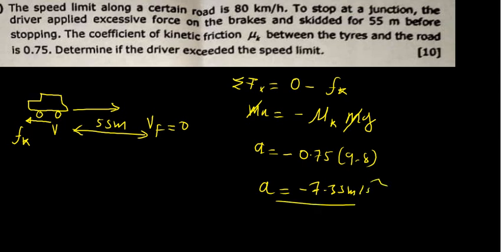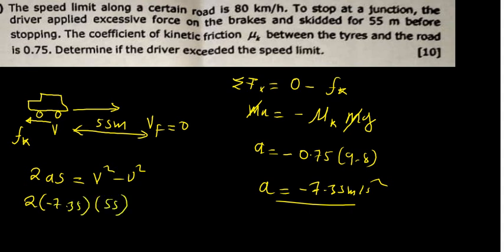So we can now use an equation of motion to find how far it will go, I mean the velocity at which it was moving before it got to stop. So this will be 2, the acceleration already determined, negative 7.35, and then the distance it traveled, this is 55, and that will be equal to the final velocity, which is 0 because it goes to rest, minus the initial velocity, which we are calling v, let me call it vi, squared.